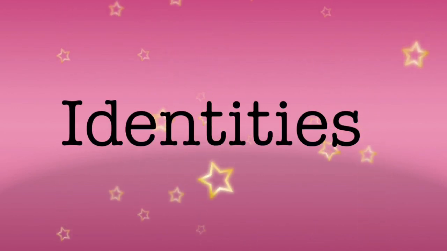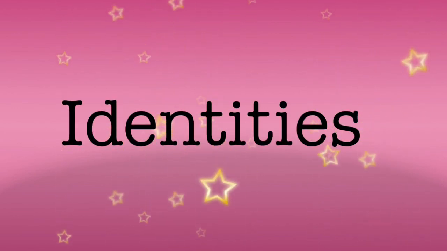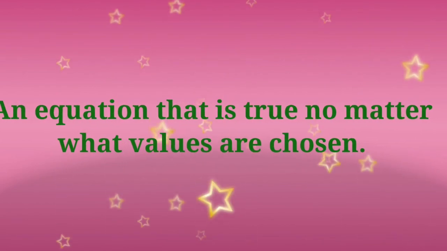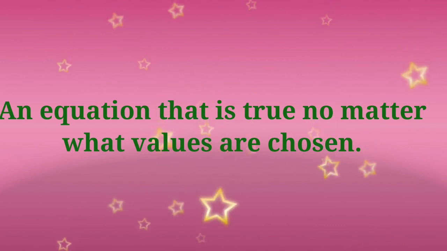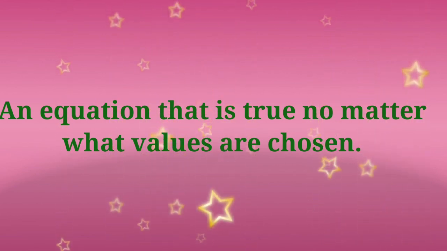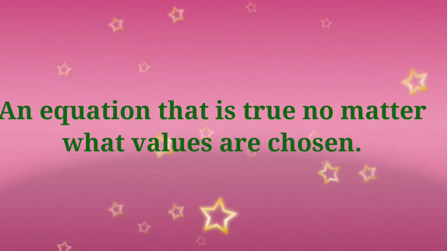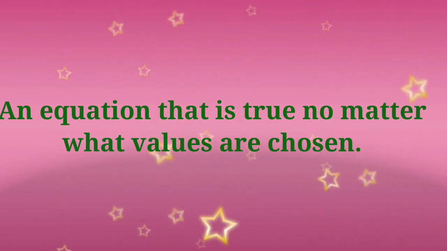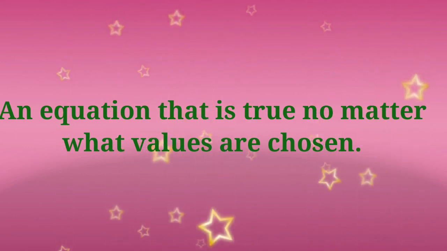For that, we can use identities. What is meant by an identity? If both sides of an equation, left hand side and right hand side, are equal, then that equation is called an identity.